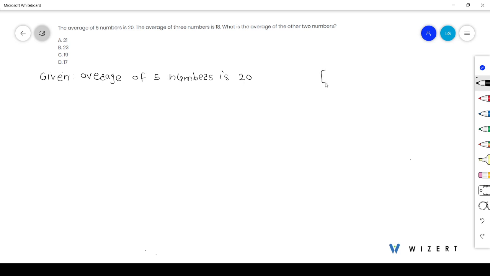That is, suppose these numbers are a plus b plus c plus d plus e. As the average of these 5 numbers is 20, we can write this as the sum divided by 5 is equal to 20, which implies that the sum a plus b plus c plus d plus e is 20 into 5.